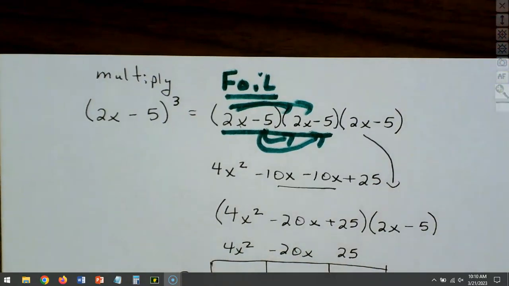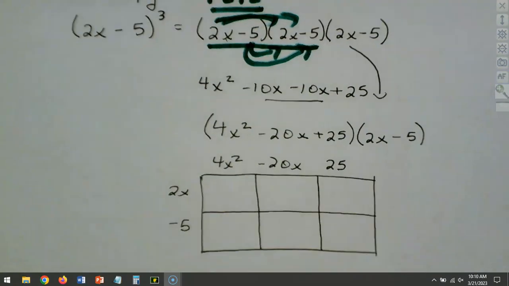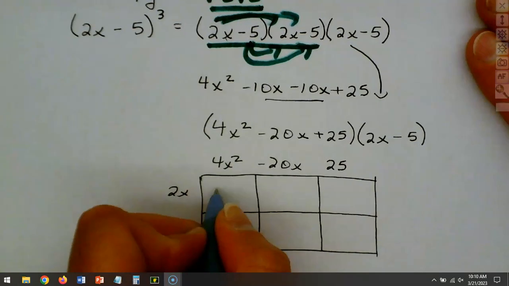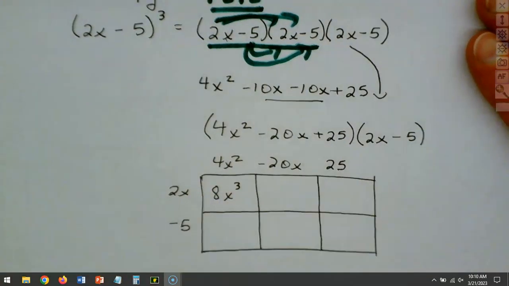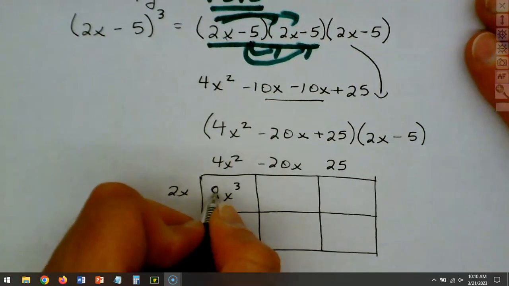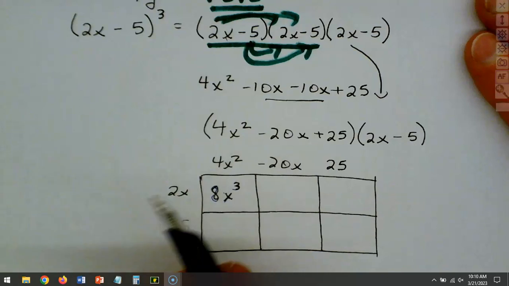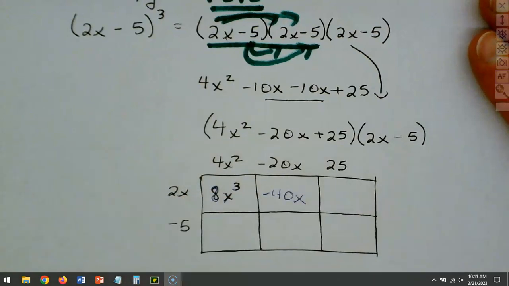And now we fill it in. So we wrote it out, we FOILed, we combined. Now we have to use the box method. 2 times 4, that makes it an 8x cubed. 2 times a negative 20, well, that makes it a negative 40x squared.